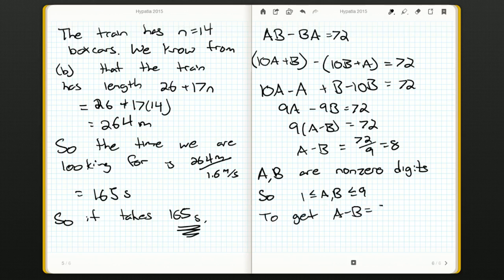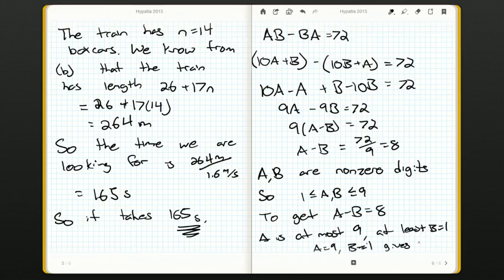Now, if I want A minus B equal to 8, well, at most, A could be 9, and at least B could be 1. So A equals 9 and B equals 1 gives A minus B equal to 8. Fantastic.